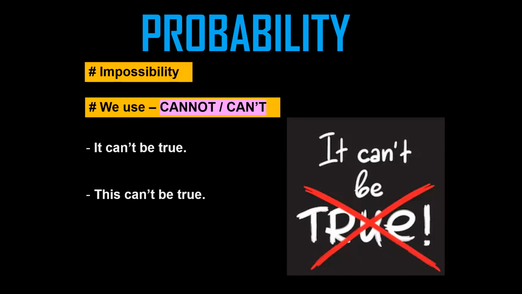If there is impossibility, then you can use cannot or may not. Again, it depends. This cannot be true. Impossibility means this cannot happen at all. Negative in the sense, so then you can use cannot. Ma'am, we can use might not also, no?